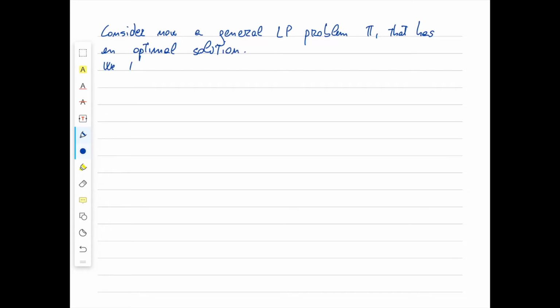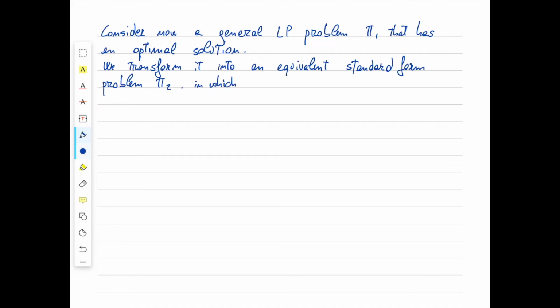We transform this problem into an equivalent standard form problem, let's call it pi2, in which the rows of the matrix A are linearly independent.